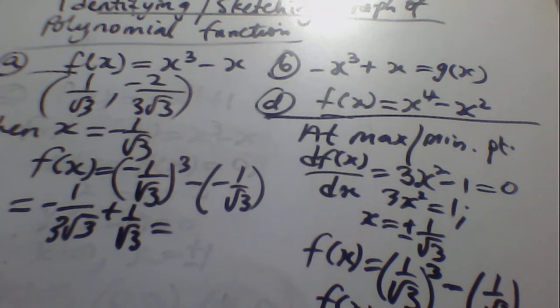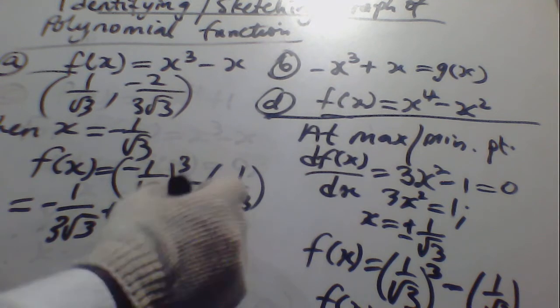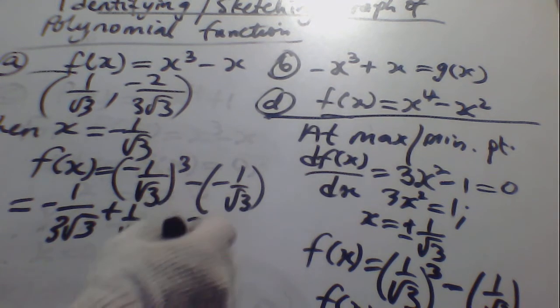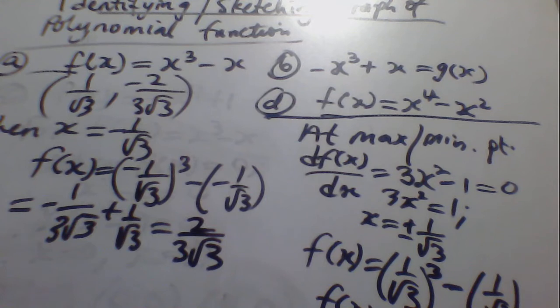If you simplify it, you arrive at 2 over 3 root 3. So this gives us the second turning point: when x is minus 1 over root 3, y is equal to 2 over 3 root 3.